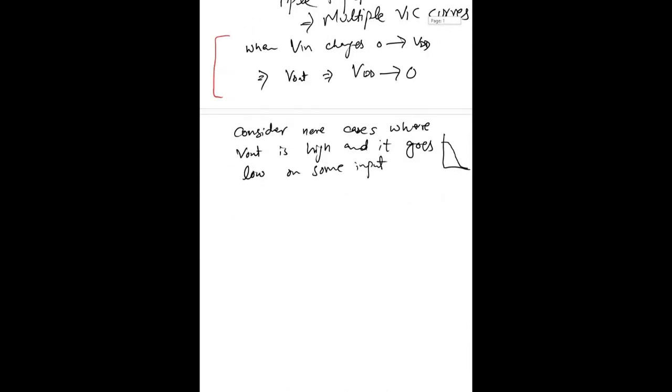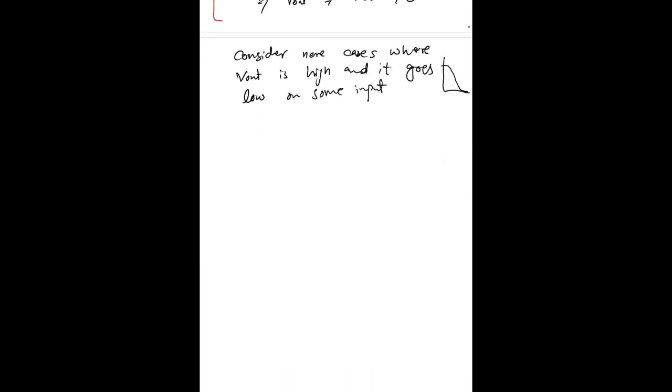If we make a table of our inputs and corresponding outputs, it would be VA, VB and Vout. When VA is 0 and VB is 0, this is a NAND gate, so our Vout will be VDD. When VA is 0 and VB is VDD, Vout will be VDD again.